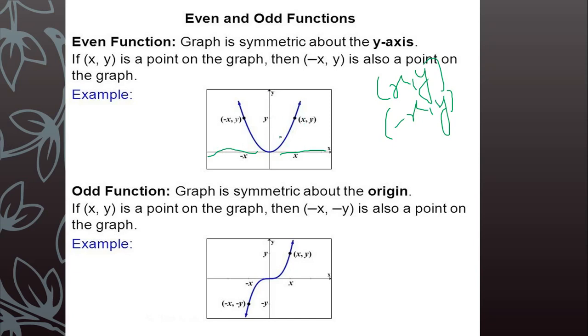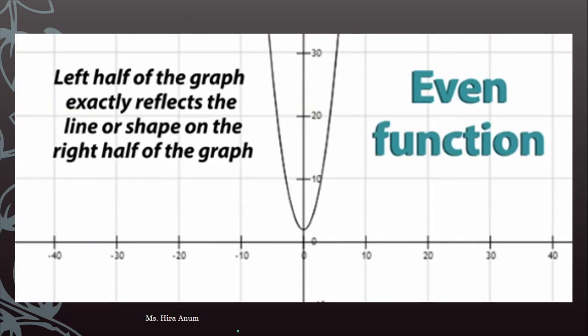It is a symmetric graph. But in an odd function, you put x equals minus x, it gives minus y. It will come here because here we have minus y and minus x. It is the same graph as here, but with negative values.